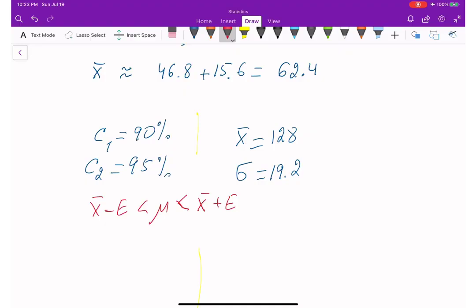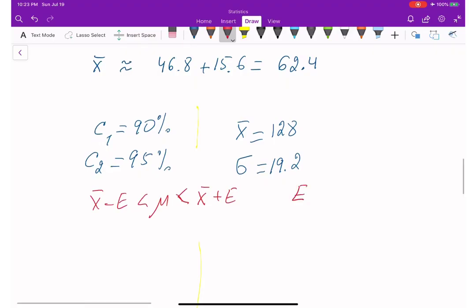What we don't have is margin of error. So margin of error is equal z critical sigma over square root of n. So let's work on it. To find margin of error, we need to find z critical. Yes? Sigma is given, and sample size also should be given.